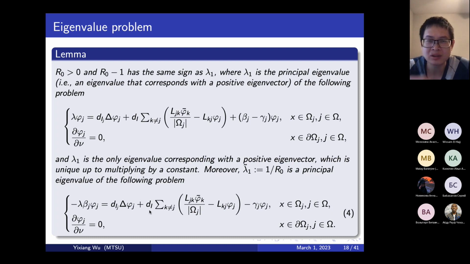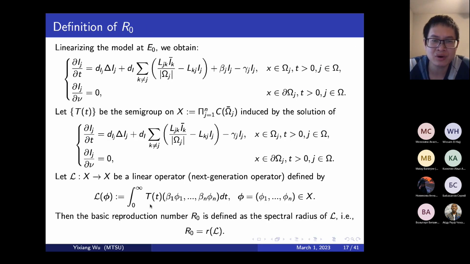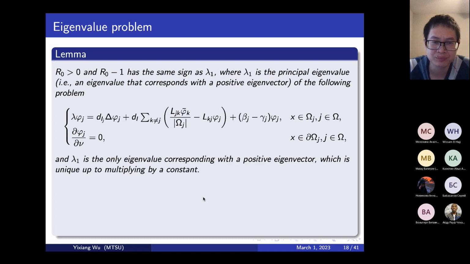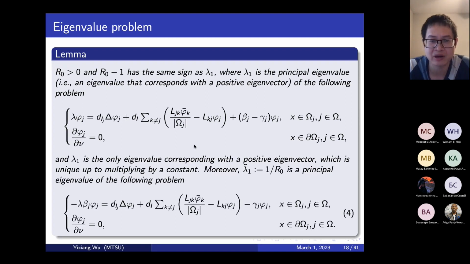Well, you may wonder, your R0 is defined as the spectral radius of this kind of operator. Why is it related to this eigenvalue problem? Well, actually, the intuition is very simple.